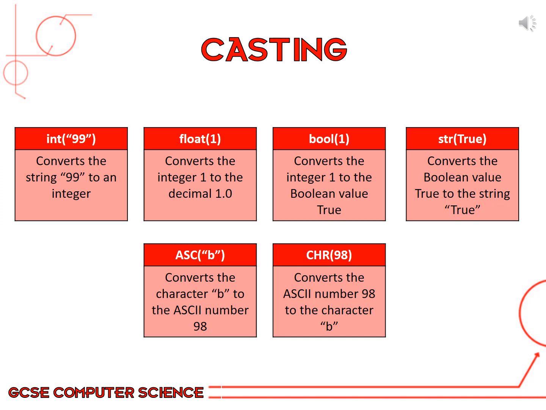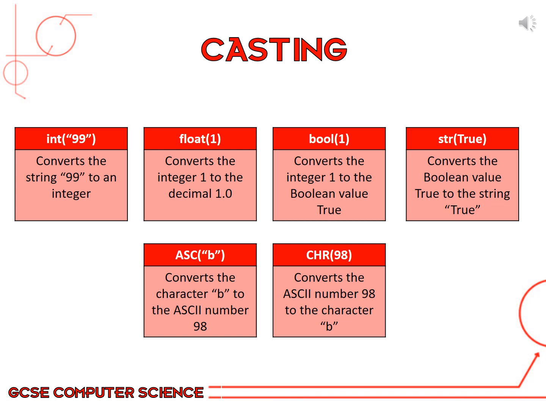ASC B is the one that you probably were a little bit stuck on. This takes the character or thing that's in between the speech marks, B, it converts it to the ASCII number 98. Now you don't need to remember all of the ASCII numbers, so even if you'd have just said it's going to convert it to ASCII, that would be fine.